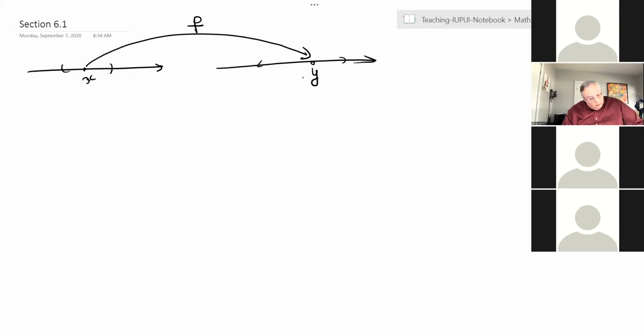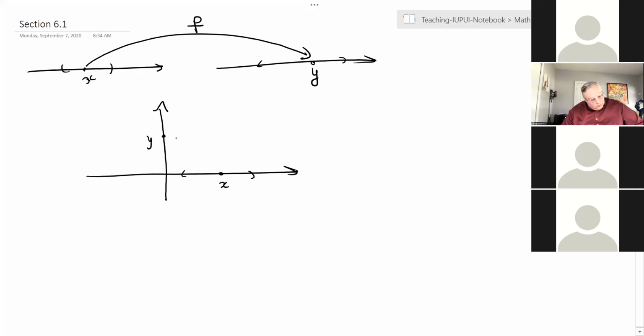Now, there are many ways to describe a function. This is called the two coordinate lines. If I put the two coordinate lines perpendicular to each other, then you have x here, right? Suppose x is here, then the corresponding y is here.